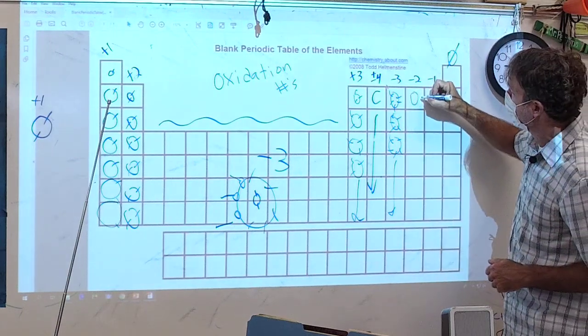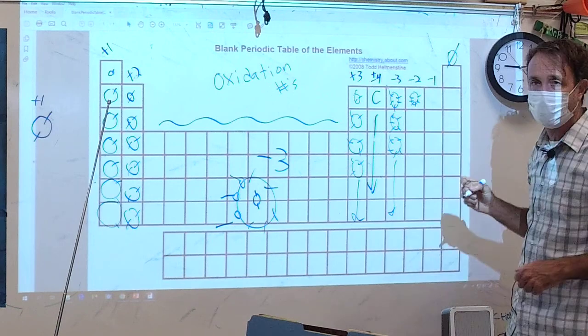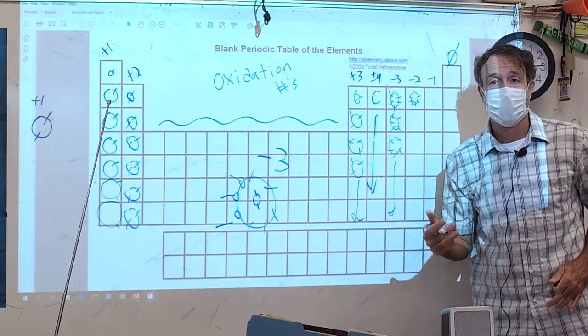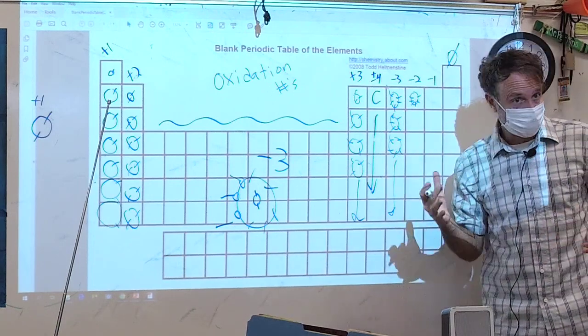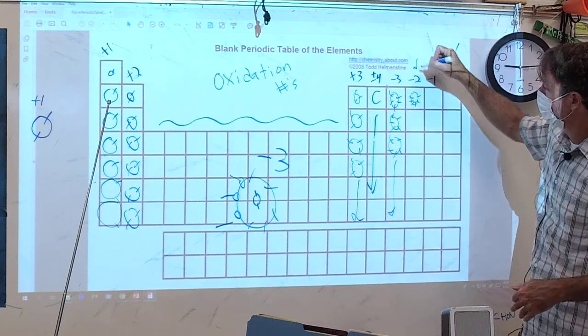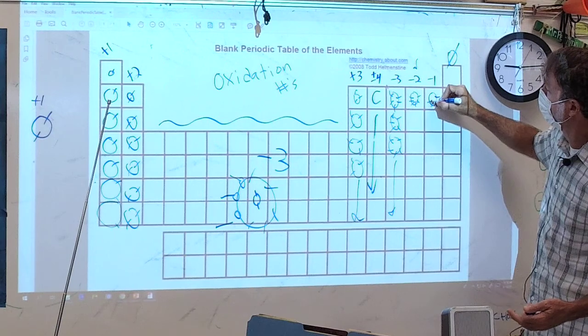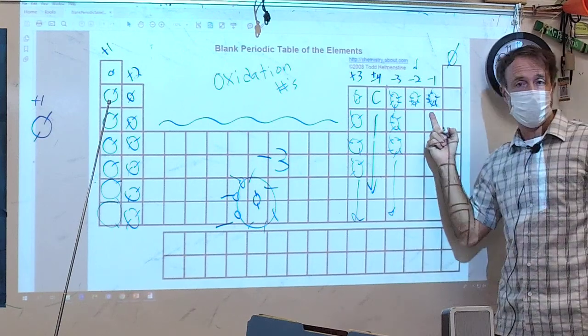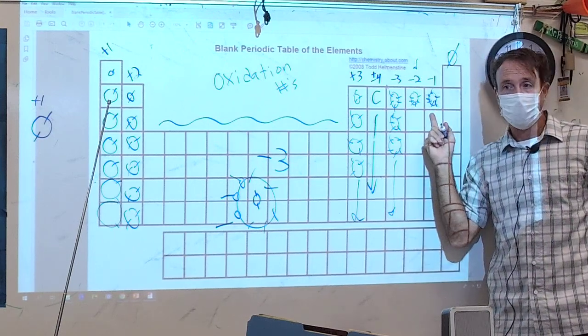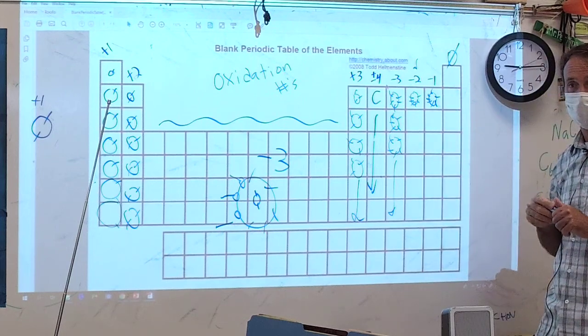Oxygen has 6 valence electrons. How many is it going to gain? It's going to gain 2 more, so it's going to have a charge of -2. And then look at fluorine, with 1, 2, 3, 4, 5, 6, 7. How many more electrons is it going to gain? 1, and it's going to have a charge of -1. Does that make sense?